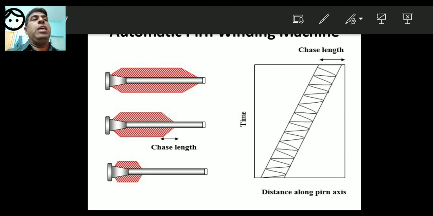Chase length is the length of traversing guide. The traversing guide travels the length that is known as chase length. In the right hand side diagram you can see the chase length in the graph, drawn as distance along the pern axis and time. So this is known as chase length.